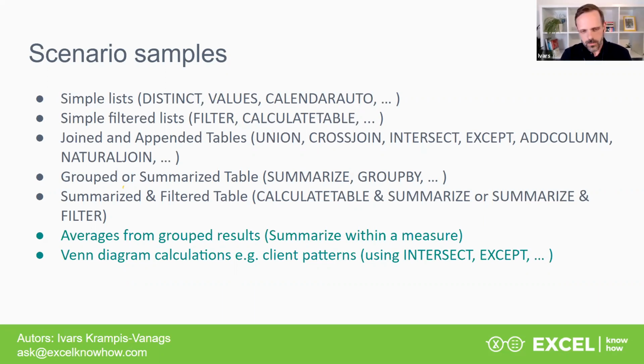And then there's another one inspired by one of the clients that I had a chance to work with: making client patterns of how many distinct clients we have. It's an easy one, but let's say how many clients use one service and don't use other services, and so on and so on. And then at the end, how much money they made for us.